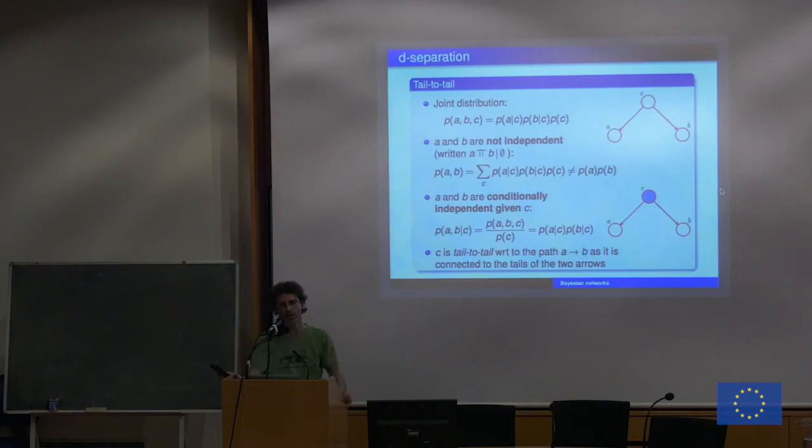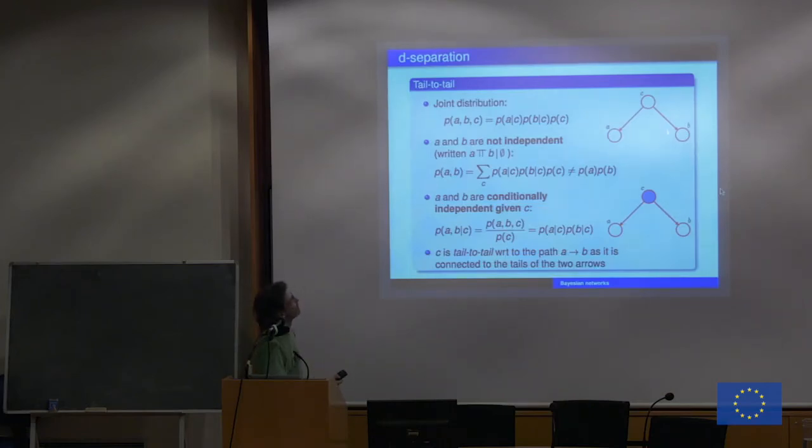So C is the middle node, and then it is connected to A and B by edges, and the type of structure depends on the direction of the edge with respect to C. So for instance, in this case, C is connected to A by an arrow which has the tail in C and the head in A. And C is connected to B also by an arrow which has the tail in C and the head in B. And so this is called tail-to-tail connection, because C is connected both with the tail and with the tail.